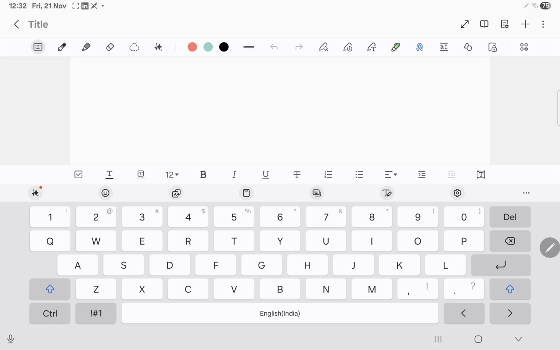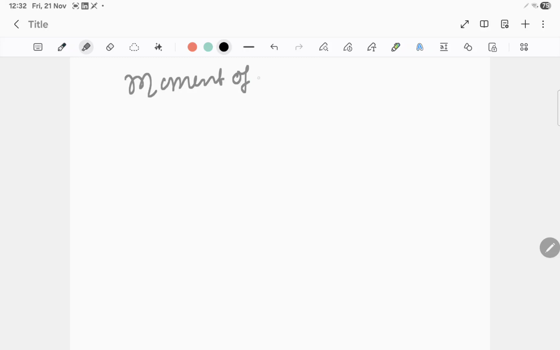So the moment of inertia is a tensor quantity. Let me write it. Moment of inertia is a tensor quantity.